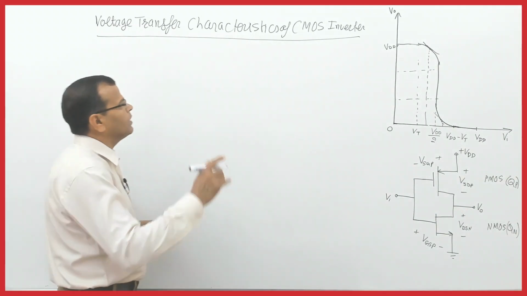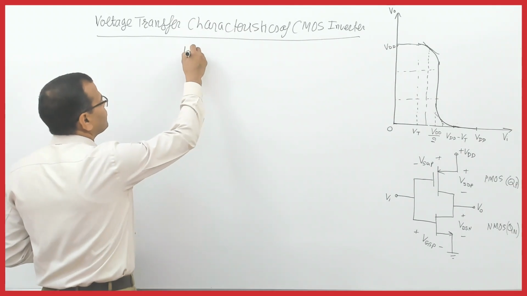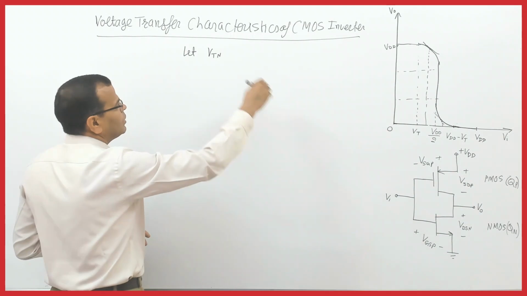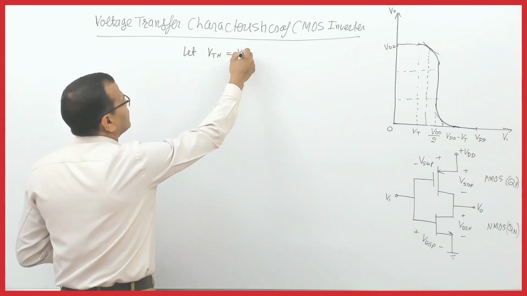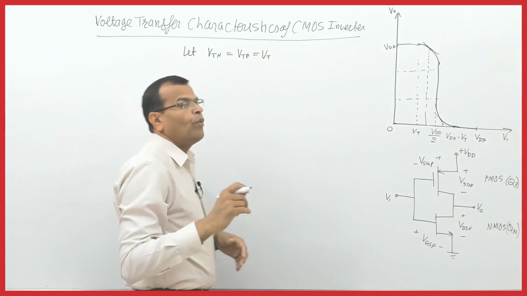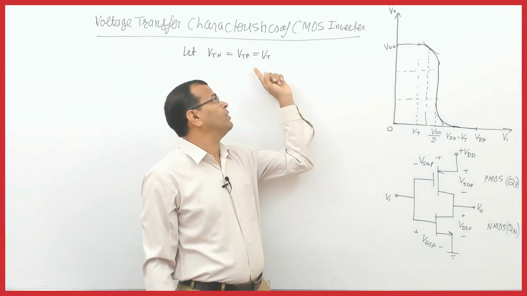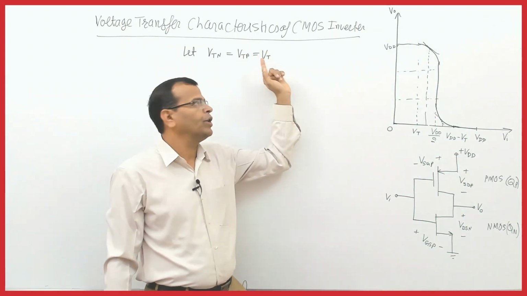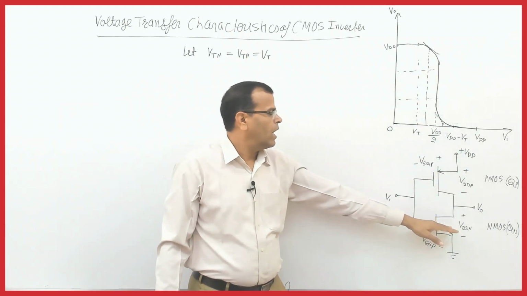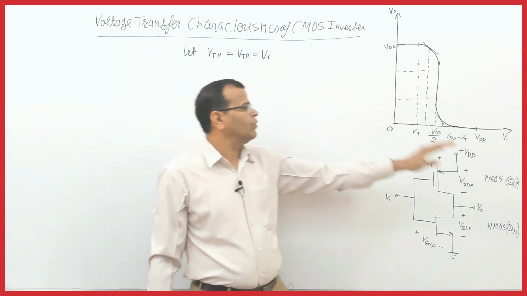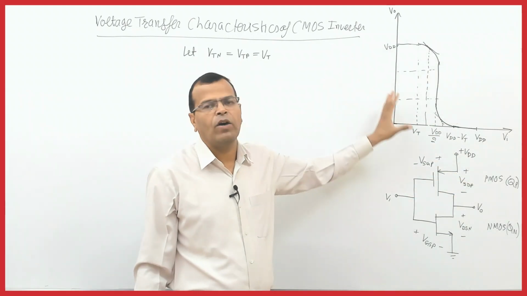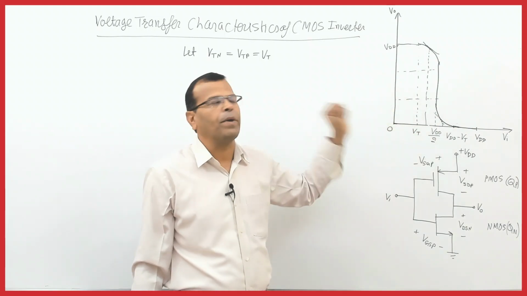So the set of assumptions is, let the threshold voltage of NMOS be the same as the threshold voltage of PMOS, and that is equal to VT. VT stands for threshold voltage, VTN stands for threshold voltage of NMOS, and VTP stands for threshold voltage of PMOS. That is one assumption we will be carrying throughout this particular topic.